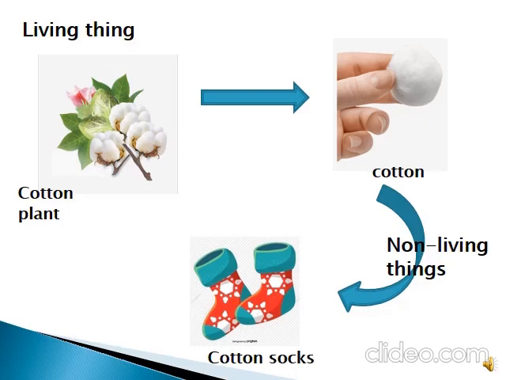So the cotton plant is a living thing. Cotton which comes from the plant is a non-living thing, and the socks which are made from that cotton are also non-living things.